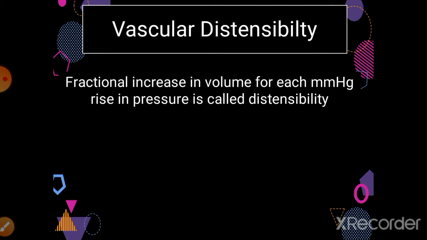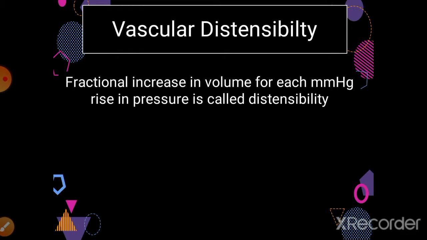Suppose we have a blood vessel which contains 10 milliliters of blood. If you stretch this blood vessel with the force of 1 millimeter mercury, you might be able to accommodate 1 more milliliter of blood into it. Do you understand?